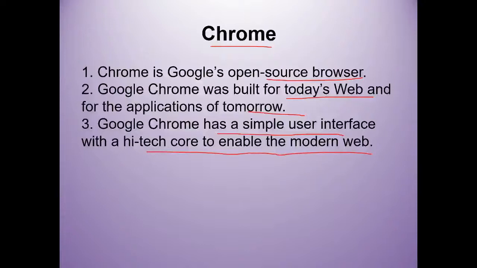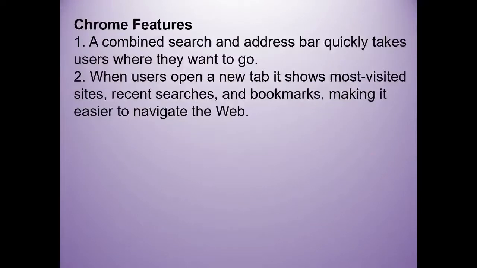So you can install in that, you can build in the cloud computing facilities in that, and you can access the cloud computing features. Chrome features like a combined search and address bar quickly take users where they want to go. So the address bar is also there and search is there. So the interface is very simple so that users will get whatever they want.